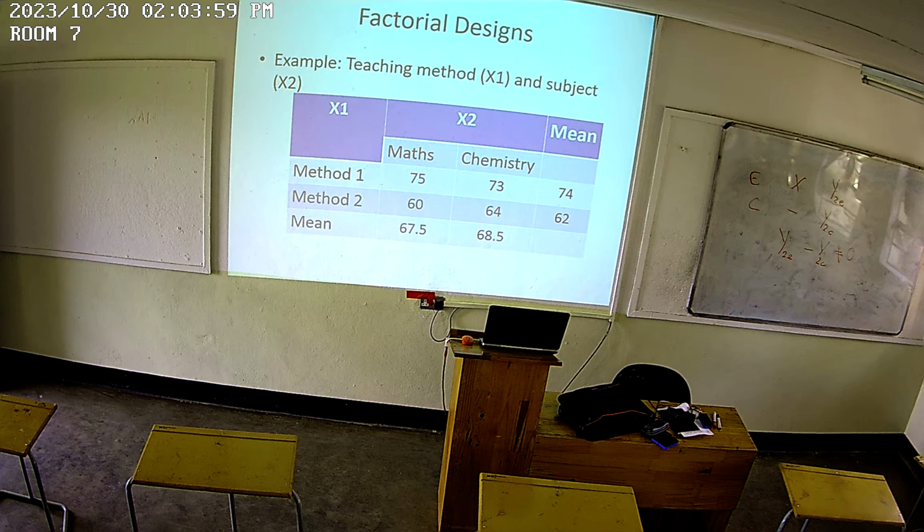But in chemistry, it's doing better. It seems like teaching method 2 works better in chemistry than in mathematics, or teaching method 1 works better in mathematics than in chemistry. So there is an interaction between the subject and the teaching method.